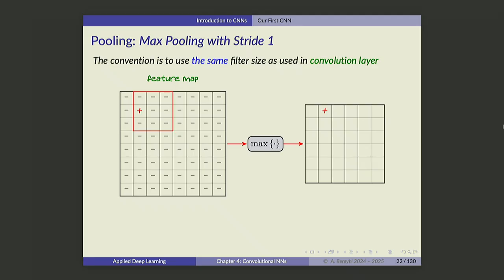So what about the next pooling? If I do the next pooling, would it be positive? No, because if I go one right, then it's going to be definitely negative. And I keep on going like this. When I get to the new row, in this row the maximum is again positive. Everybody's clear?